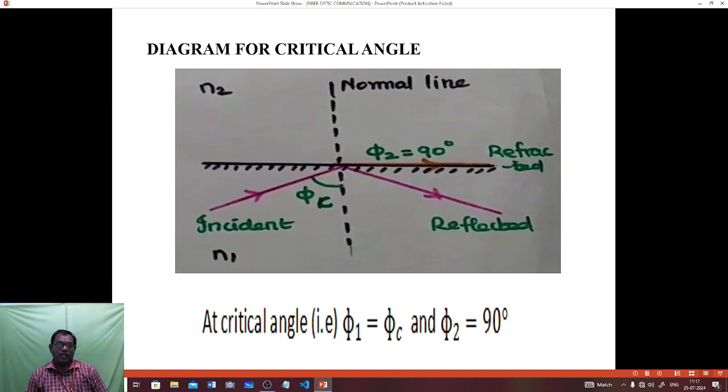At the critical angle, phi 1 is equal to phi c, and phi 2 is equal to 90 degrees. Here, small n1 represents the core refractive index, and small n2 represents the cladding refractive index. The incident wave and the reflected wave are used for finding the critical angle, where phi c is the angle between the normal line and the reference line.